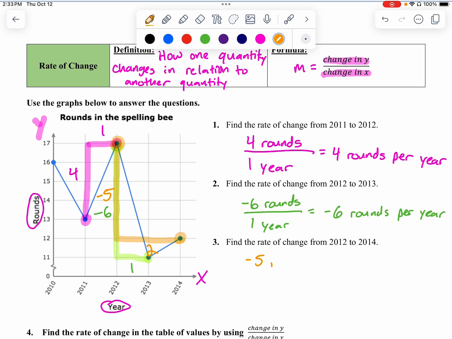So we lost 5 rounds in 2 years. So if we divide that to get rounds per year, we would have negative 2.5 rounds per year. So that's kind of how it looks on a graph. So we're just kind of counting how we change in the y direction, and then we're putting that over our x direction.